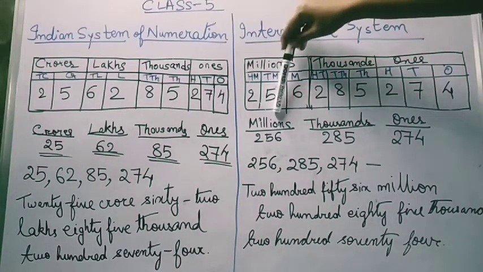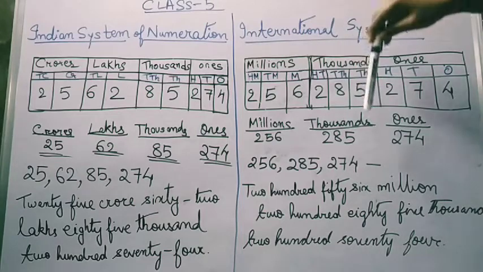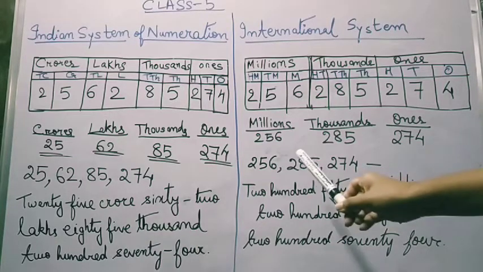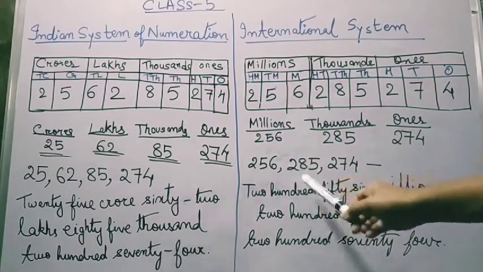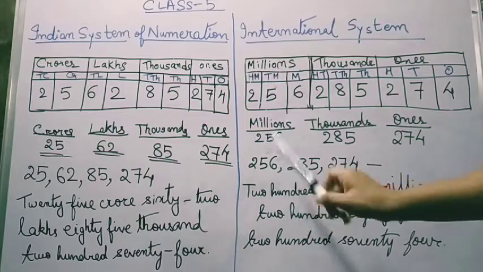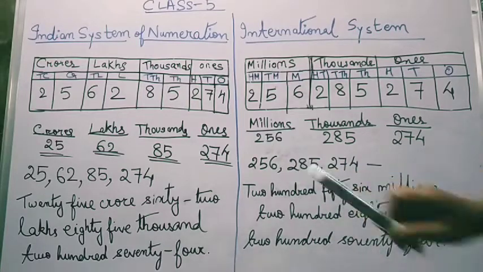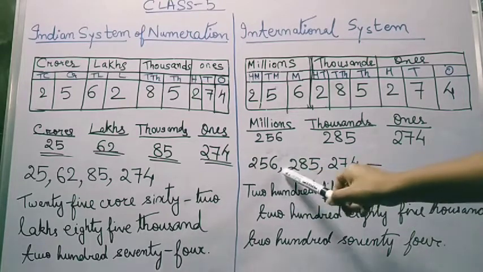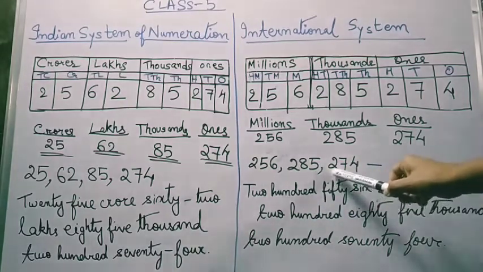So, millions period, 3 digits, thousands period, 3 digits, ones period, 3 digits. So, in international system, we give the comma after every 3 digits, no? See, 256, 285, 274. This is millions place, this is thousands place, and this is ones place.